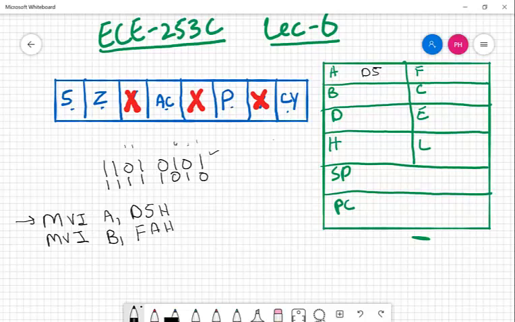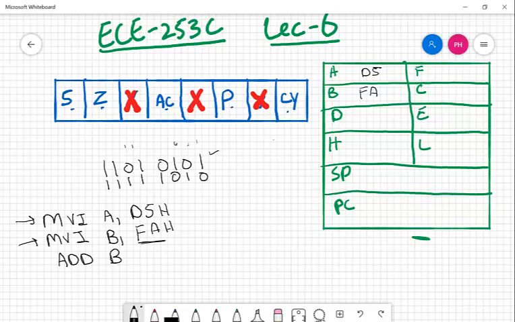So in B I will get FA. When this second instruction is executed, this number FA will be copied to register B. It's simple. And then the third instruction is something like add B.